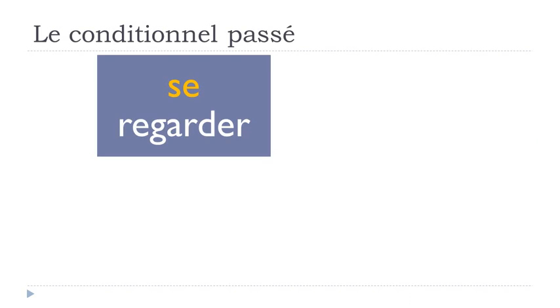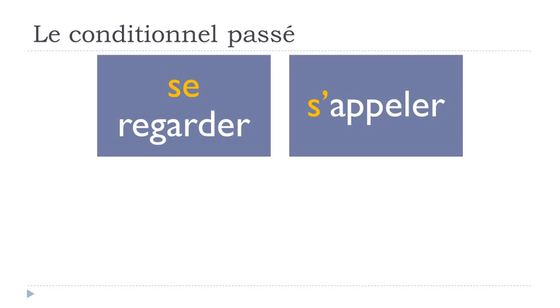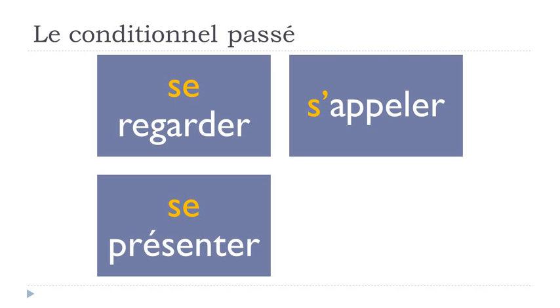But then the other group of verbs that will require être all the time will be what we call les verbes réfléchis, so reflexive verbs, okay? And they usually go like se regarder, s'appeler, se présenter.